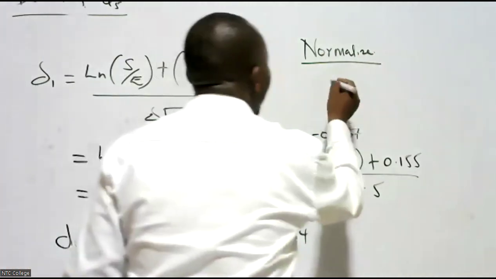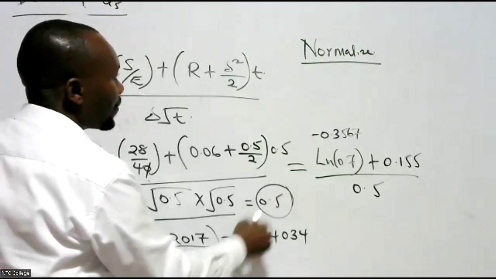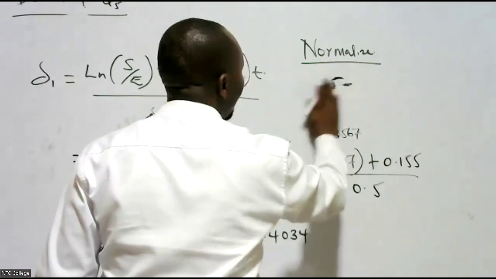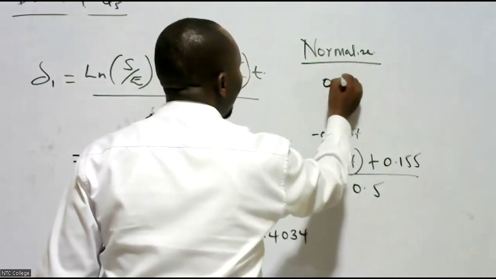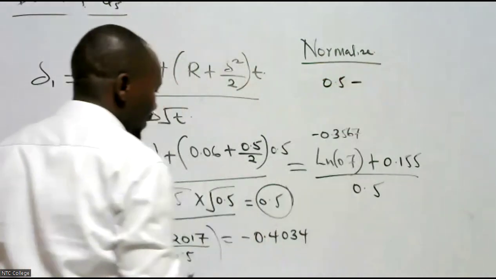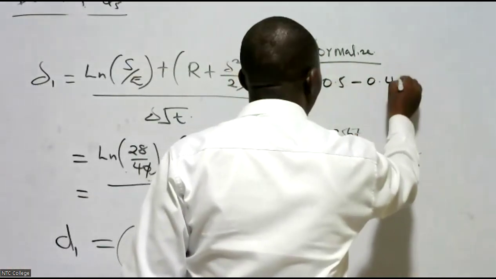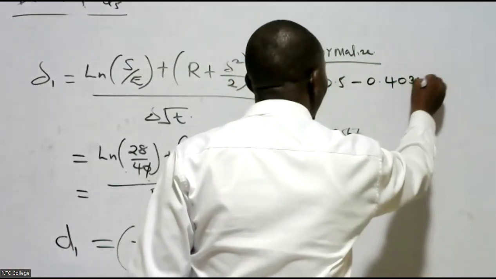So if you're normalizing, if it is negative, you say 0.5 minus the answer that you're getting, minus 0.4034.